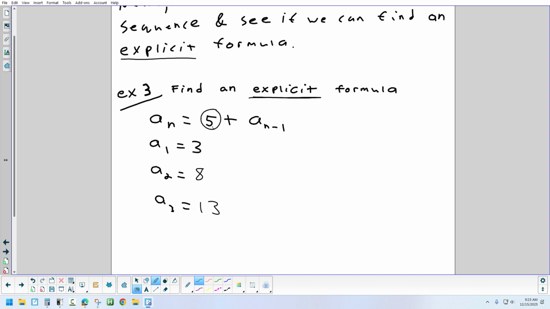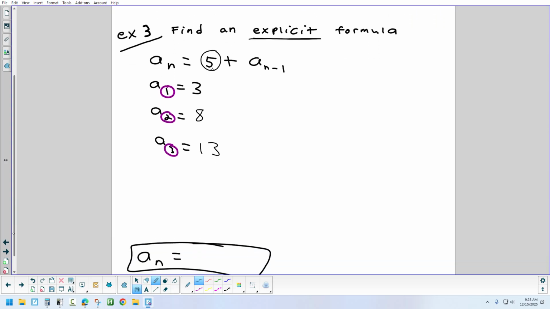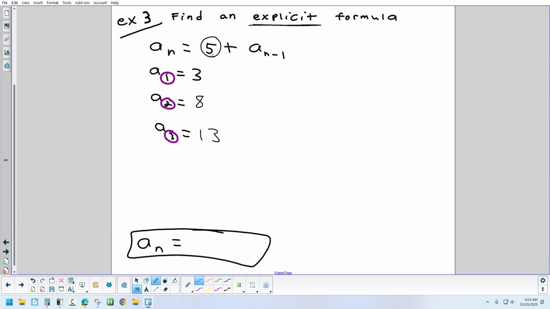All right, so now the goal is to figure out what can you do to the number that's circled in purple to turn it into the number on the right-hand side. And since you're adding 5 each time, it has something to do with 5. Anybody think that they saw a pattern? Yeah?